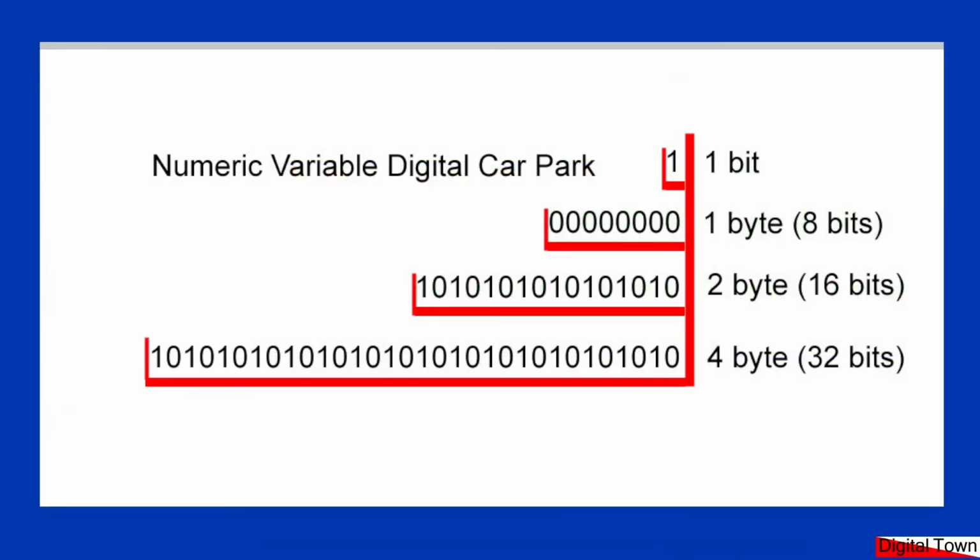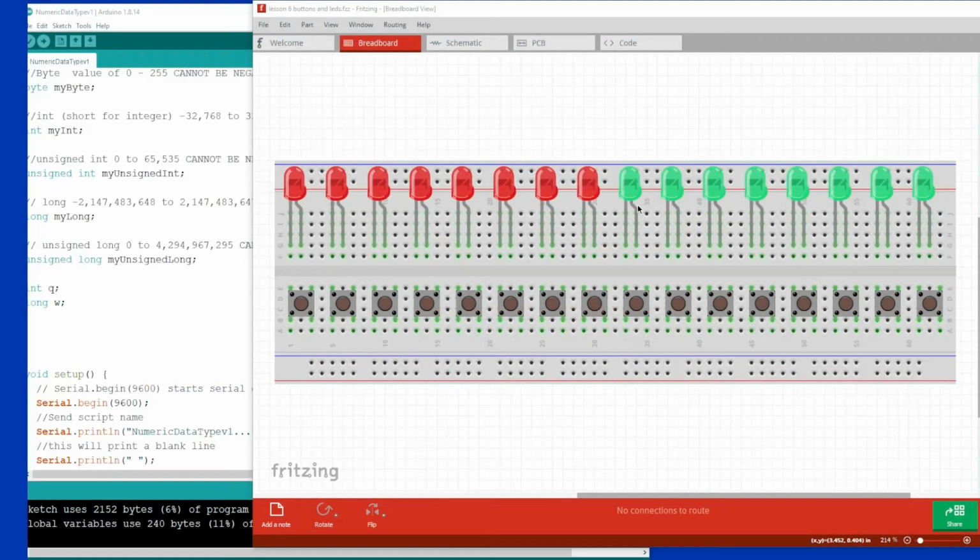Let's go back to our digital car park. And the first one we're going to look at is the byte. So back to our new screen, and a byte is represented in this case by my 8 LEDs. These are the symbol for an LED, and below them we have a symbol for a switch.